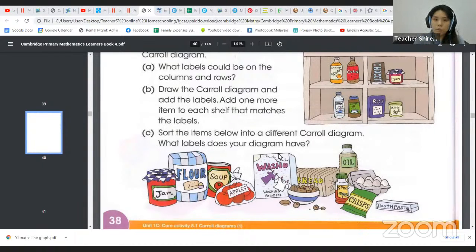Okay, so with these few items do exactly the same like earlier, but you have to figure out which are the labels that you want to do.